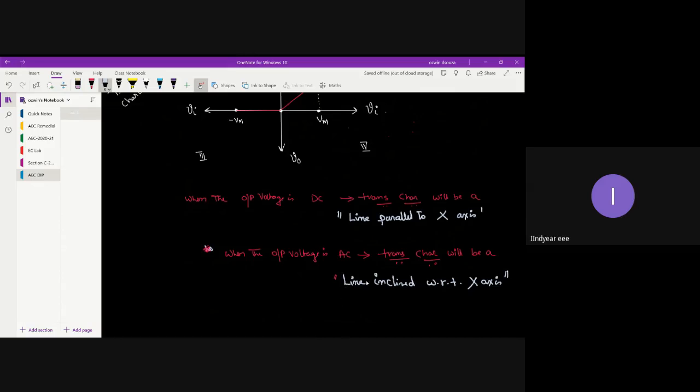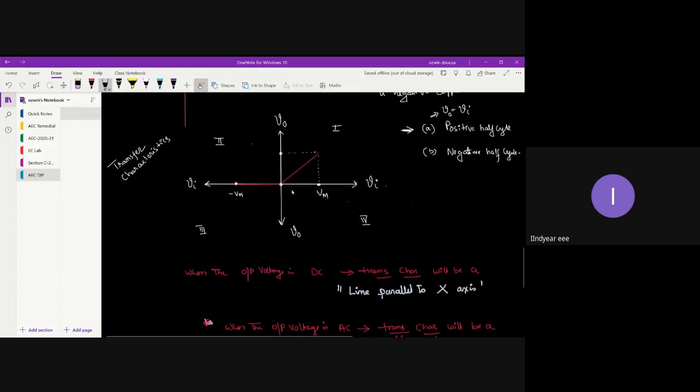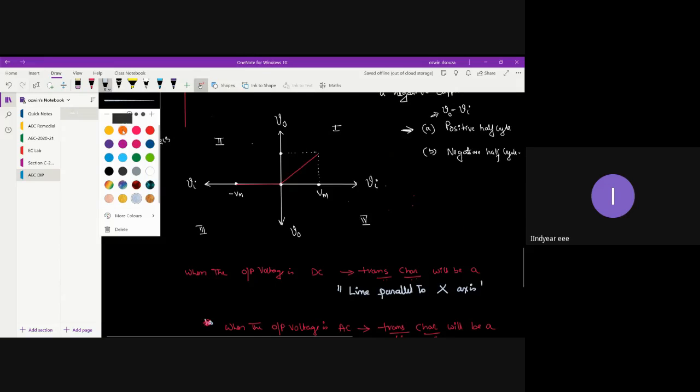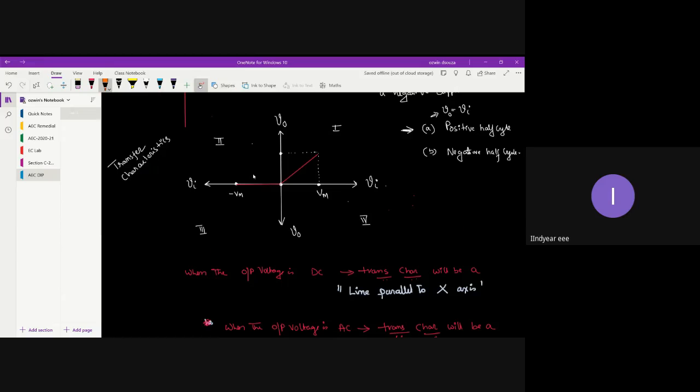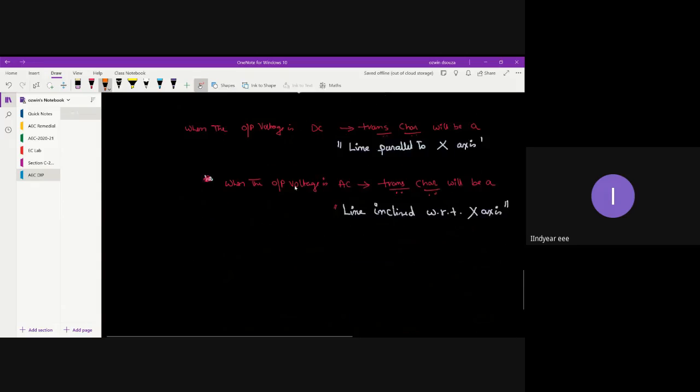So it will be an inclined line. You can see now it's an inclined line. So in short, this is DC and this is AC. So this is your transfer characteristics.